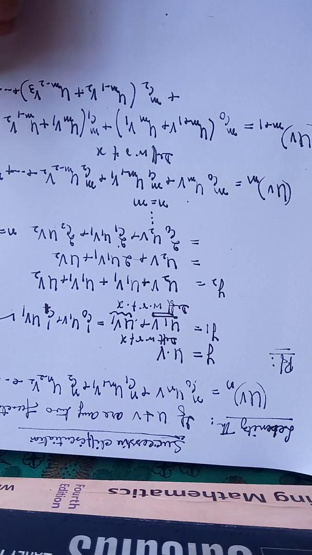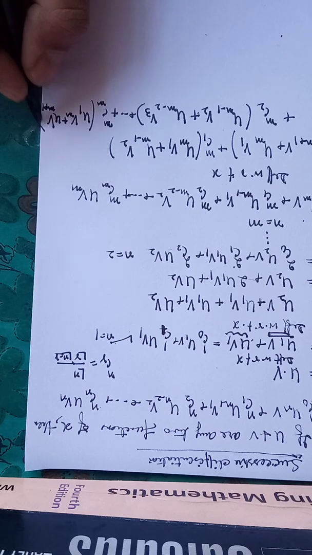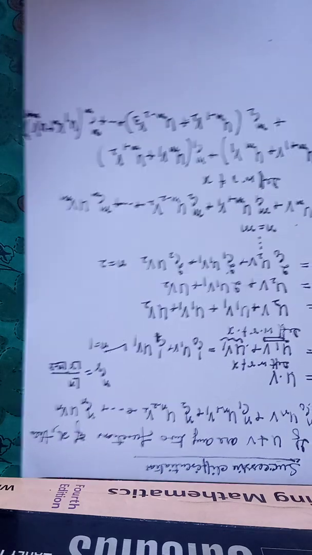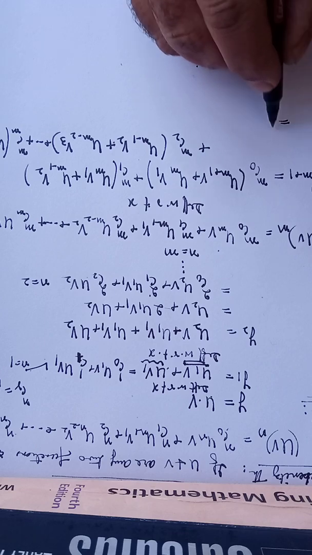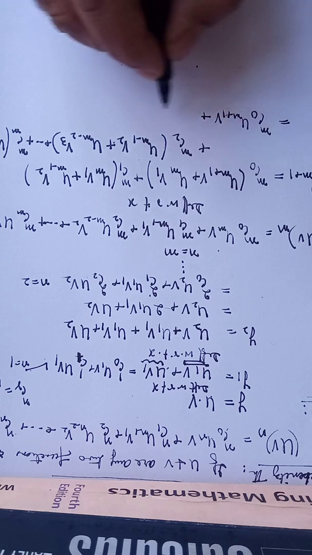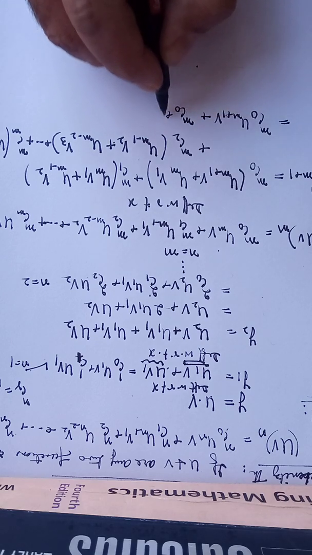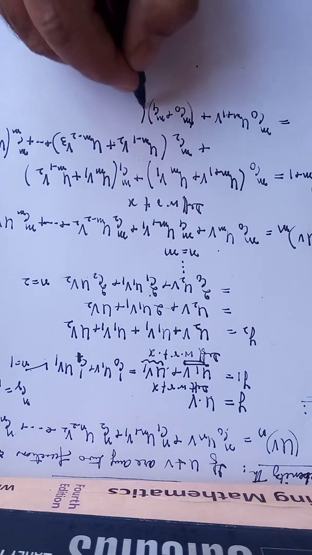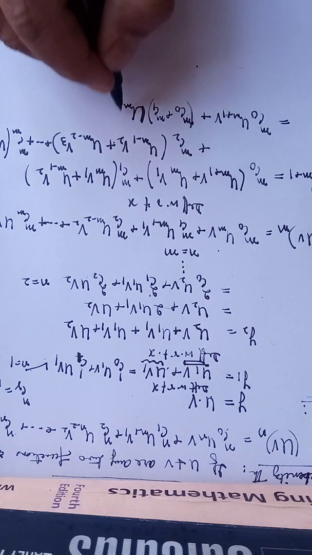mCm, u as it is, derivative of u is u1 vm, then u as it is, derivative of vm is v(m+1). This is it. Now let me combine them. This is mC0 u(m+1) v, then (mC0 + mC1) um v1.